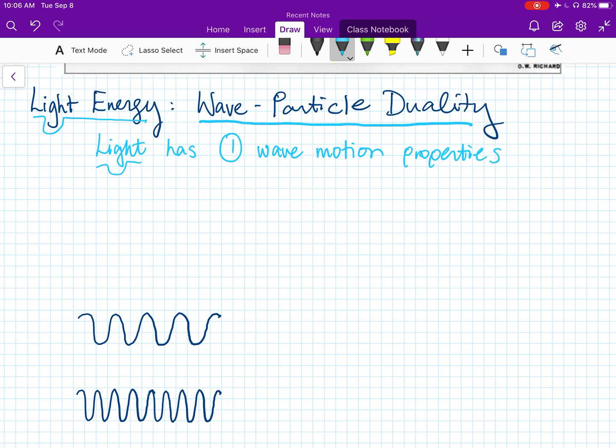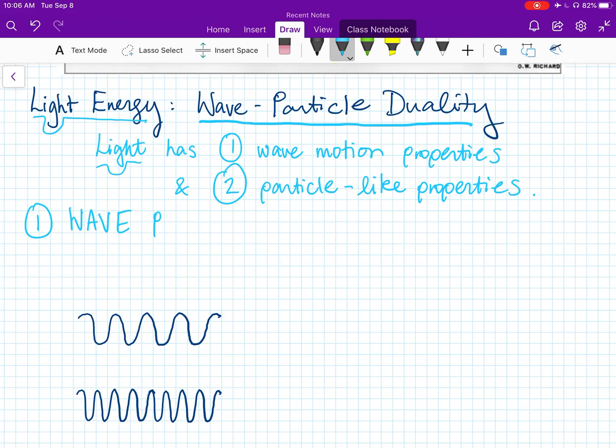We're going to define what wavelength is in just a second. And it also has particle-like properties. It exists as photons. Photons are just light particles. So this wave-particle duality is extremely important, and you really can't fully describe light energy without considering it as both a wave and a particle. So I want to talk about the wave properties first.